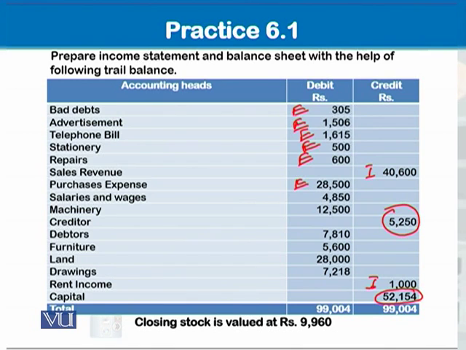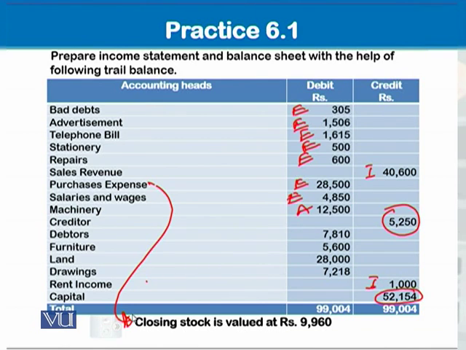I will speak about this closing stock while discussing purchases. So it's something that I will discuss later along with purchases. Anyways, salaries, it's an expense. Machinery is long term, it is an asset.